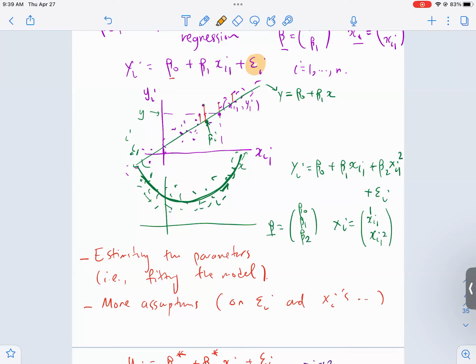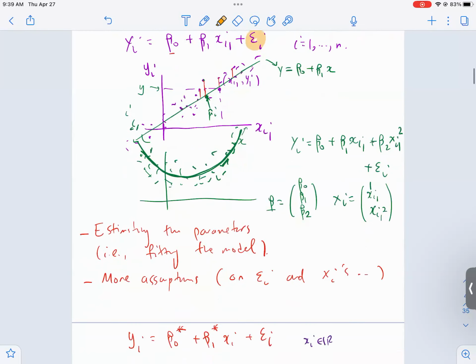You can easily do that by creating a new feature, taking the square of the original feature and adding it to the feature vector. Now a function linear in this feature vector would be quadratic in the original feature. And so that was that.